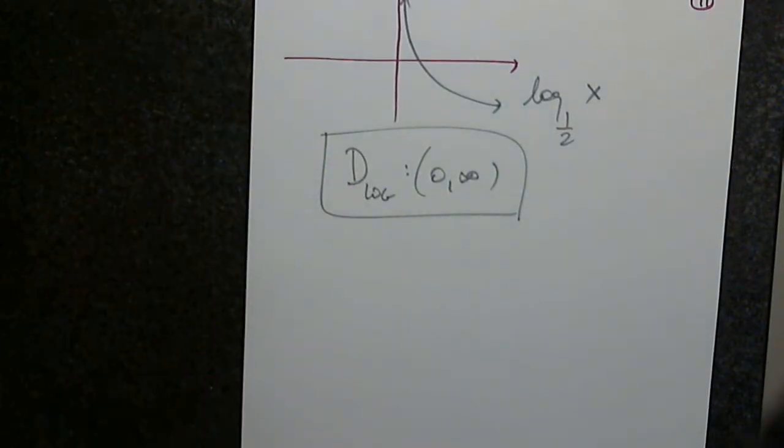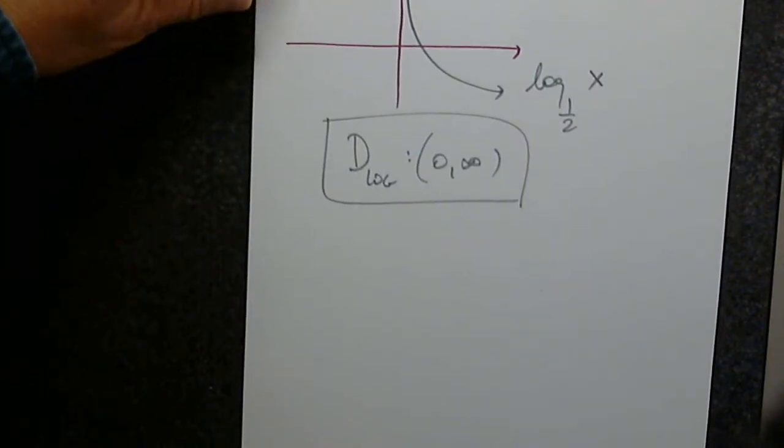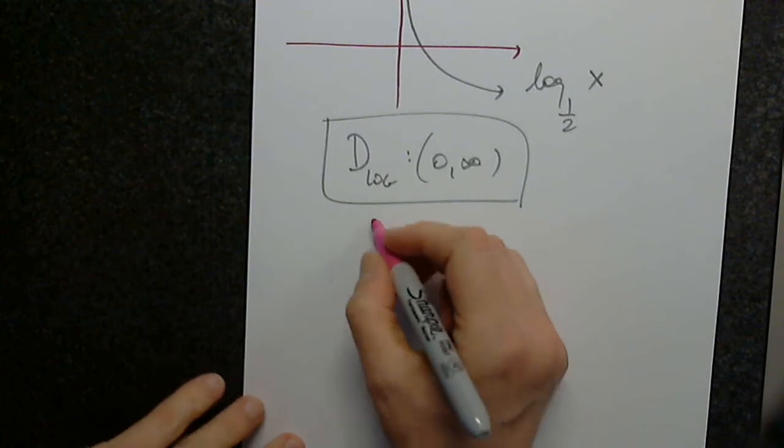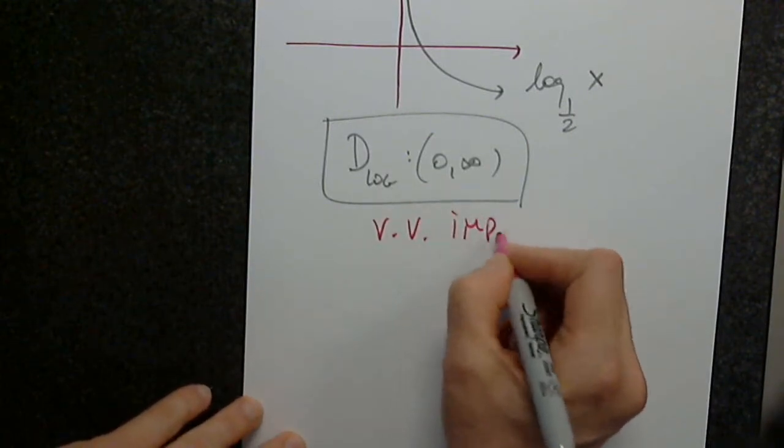Okay. So when it comes to discussing logs and exponentials, I always consider that the most important concept in this entire chapter, chapter 4, is the following. Very, very important concept.